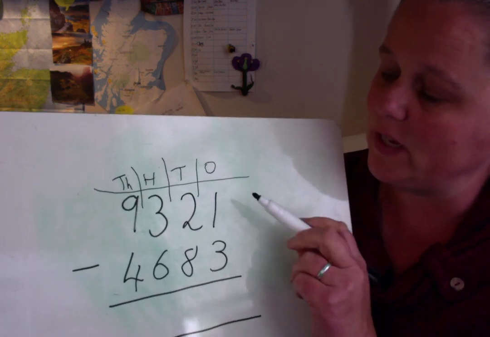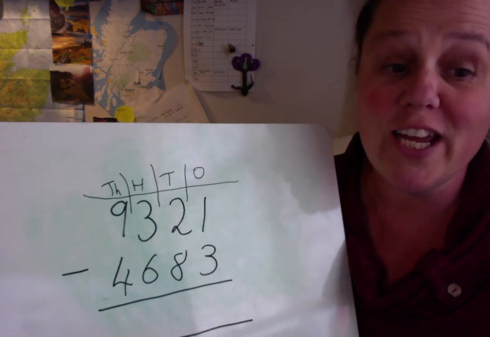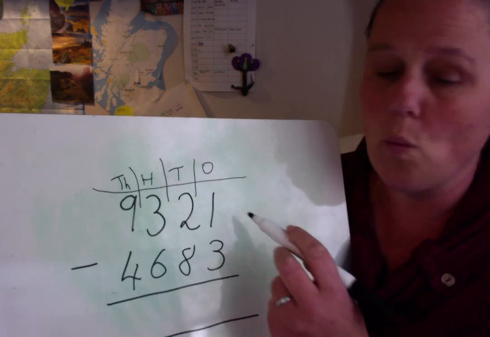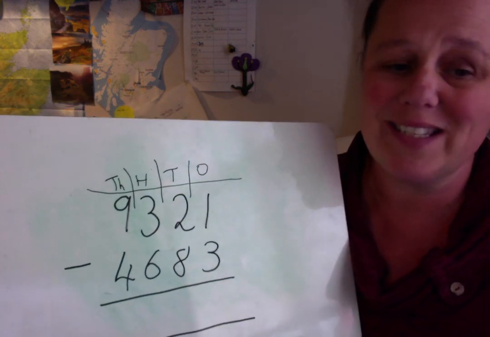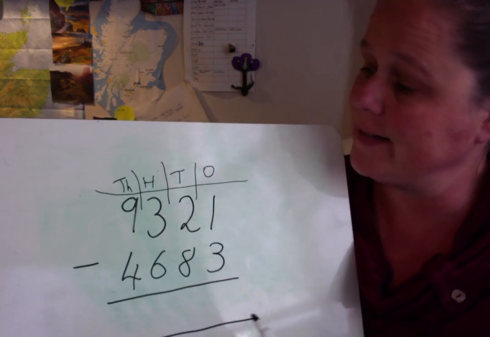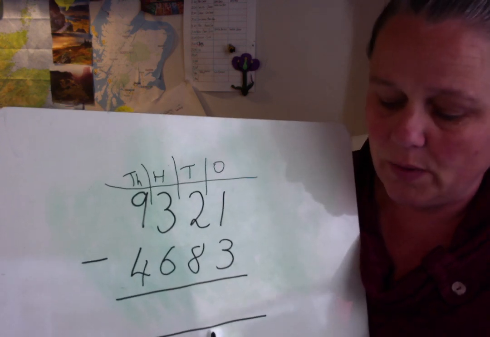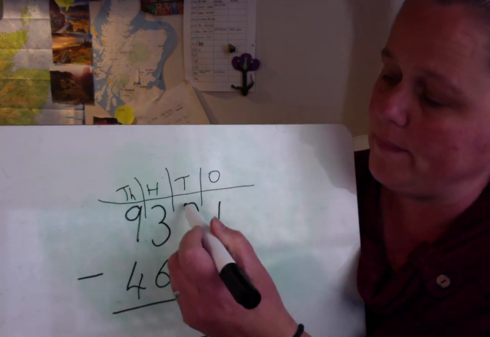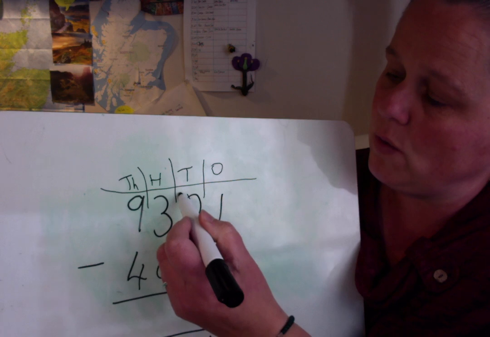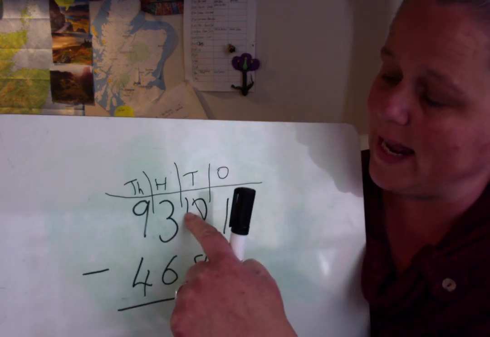So my first calculation is 1 subtract 3. Now I know, and you know, that if I've only got 1, I cannot subtract 3. So for that, I'm going to have to exchange some tens. I'm going to take 1 ten away from my tens column, which means that we've got 1 ten left there.